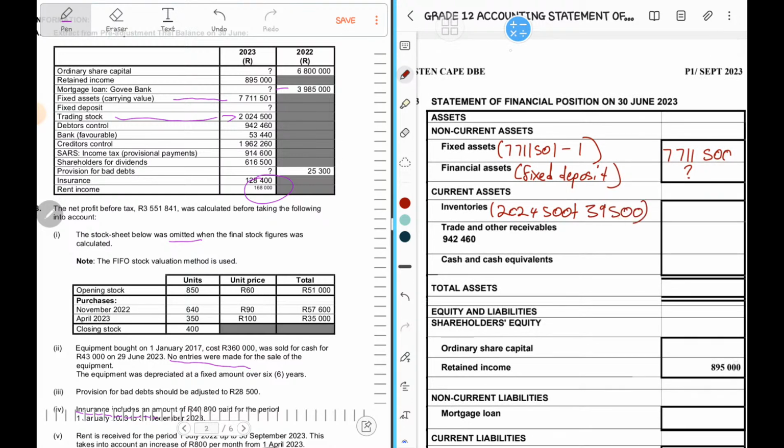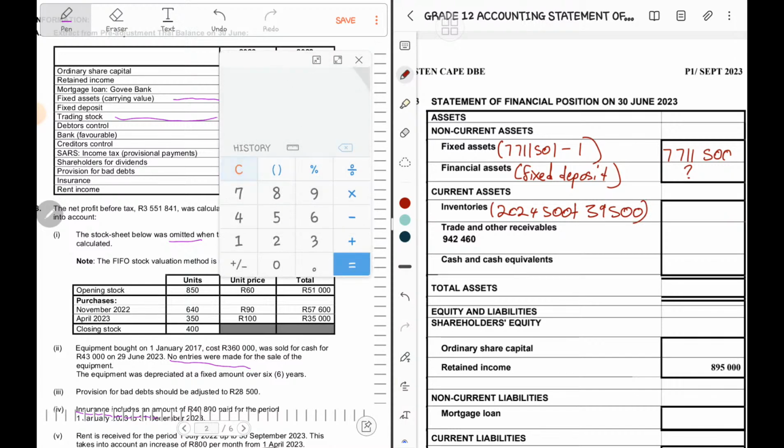Okay, that gives us how much? 2,024,500, then we add 39,500. That gives us 2,064,000.